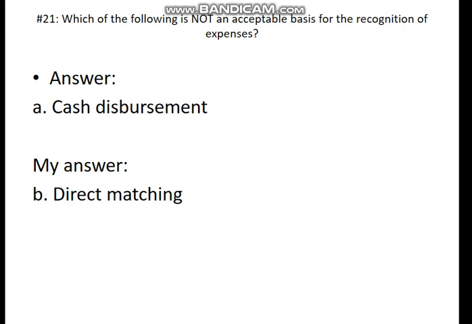You won't really have a trail like you would with a credit card or a check, because you have pictures of the checks, you have the credit card numbers and information that are traveling for you to recognize expenses. Well, with cash, you don't really have those things to be able to track cash. So that's why cash disbursement is the answer.